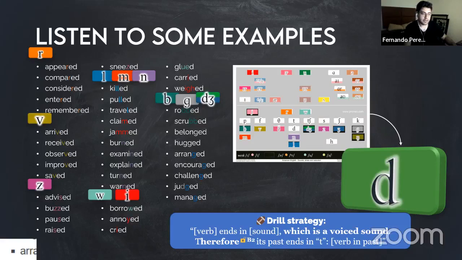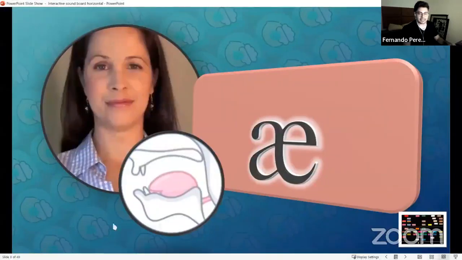Therefore, its past ends in D. Very similar to the previous. So you need to understand the difference between voiced and voiceless. If you understand voiced and voiceless, you can pass. If you understand the difference between T and D and the rest, that's another strategy. In a nutshell, it's very, very easy if you mentalize this.